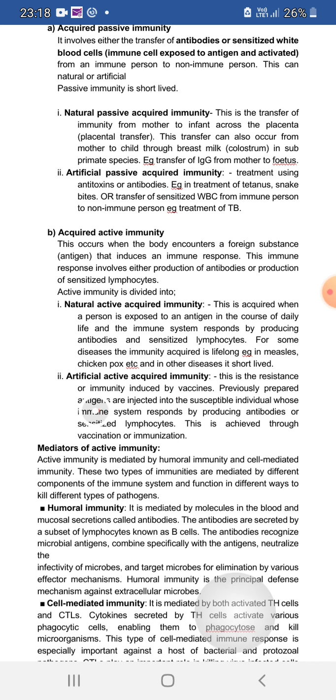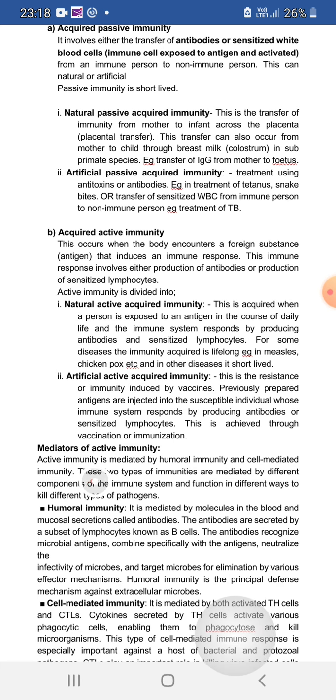Because now they are weak, they cannot kill, but they can sensitize the body to produce antibodies and sensitize immune cells, which then protect the body. So those are the two types of acquired immunity. Then we have mediators of active immunity.